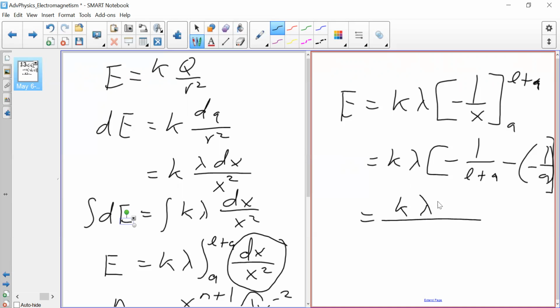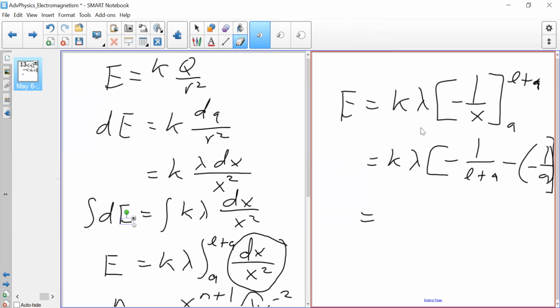Okay, I'm going to re-express this in terms of the charge density. Why? Because electric field is commonly written in terms of the charge, right? So anyway, get to this point, lambda equals Q over L. So cut out the middleman.